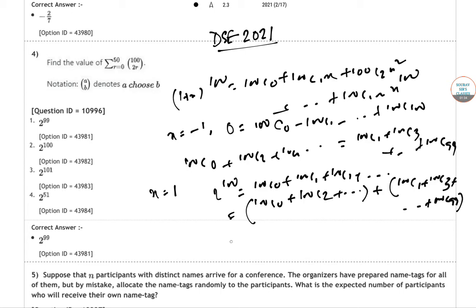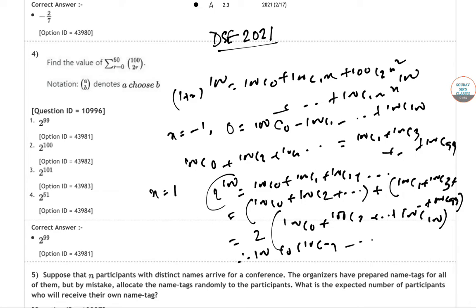Taking both into consideration, we can write 2 times (100c0 + 100c2 ... 100c100). So obviously this part is 100c0 + 100c2 ... This was already 2 to the power 100, so 2 to the power 100 by 2, so 2 to the power 99, and hence this is our correct answer.